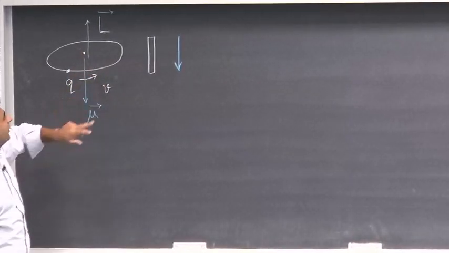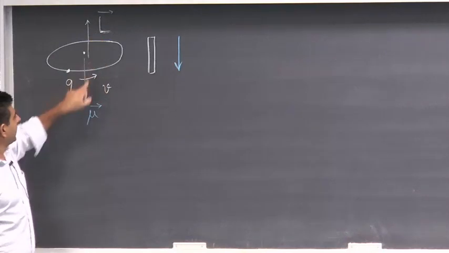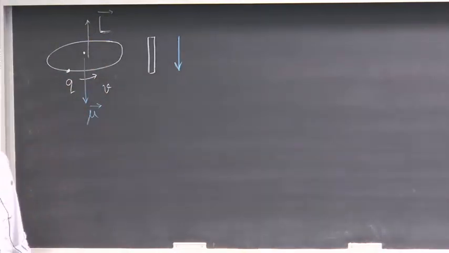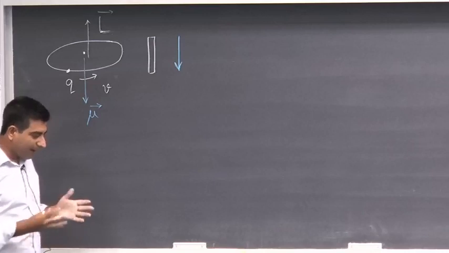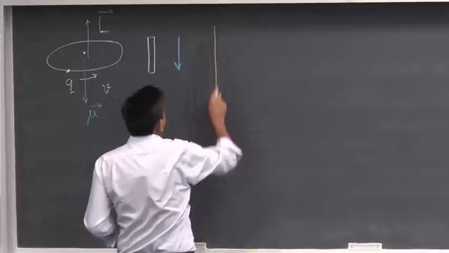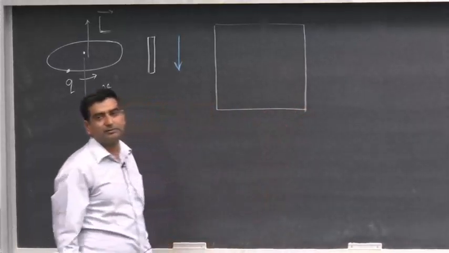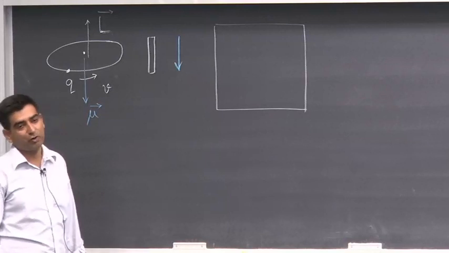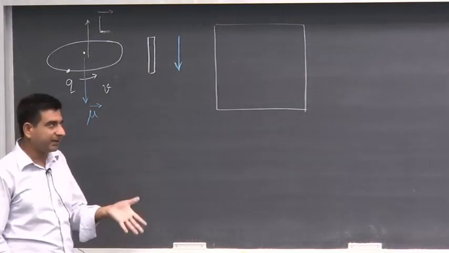For an electron, you observe that the orbital momentum and the magnetic moment are opposite in direction because the charge on the electron is negative. So now suppose you have a box, and in that box there are electrons. Now each electron may have an orbital angular momentum, and associated with it there could be a magnetic moment.